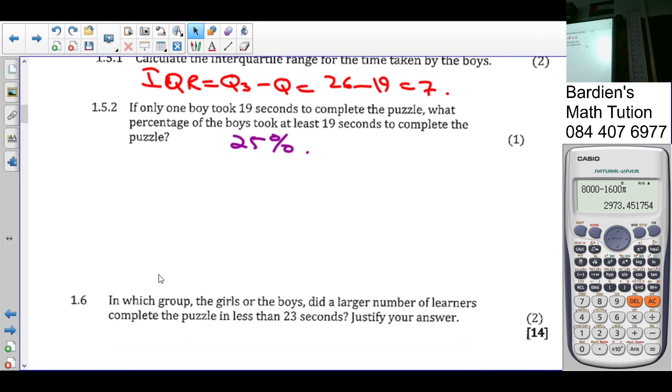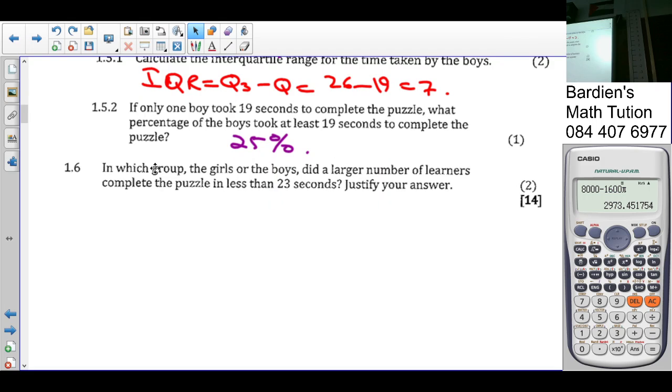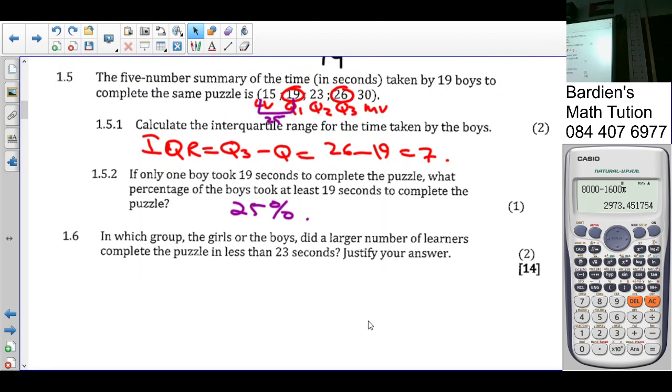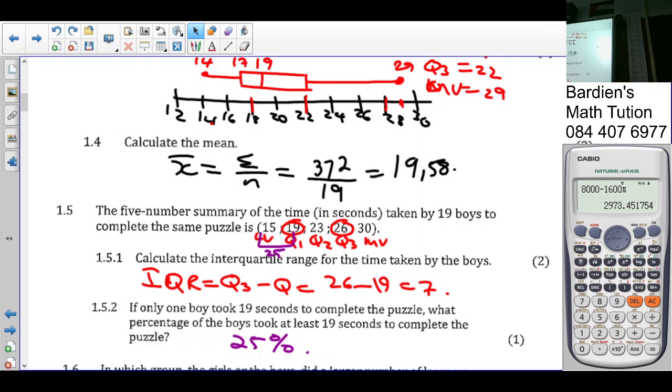And then the last question in question 1. We are asked, in which group, the girls or the boys, did a larger number of learners complete their puzzle in less than 23 seconds? So if you look at 23 seconds on the boys, it is at that point, which is quartile 2.